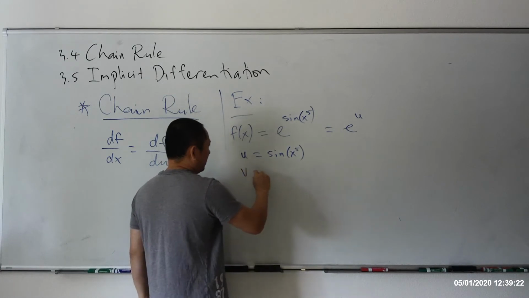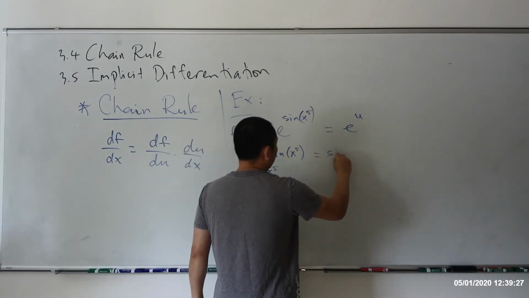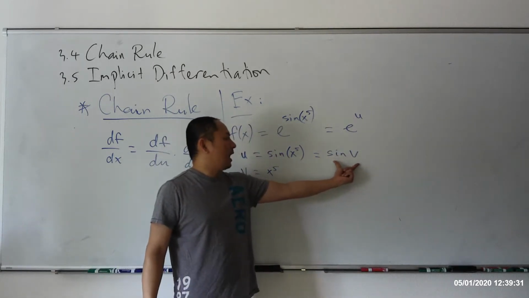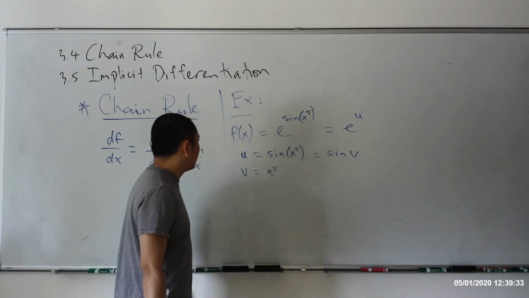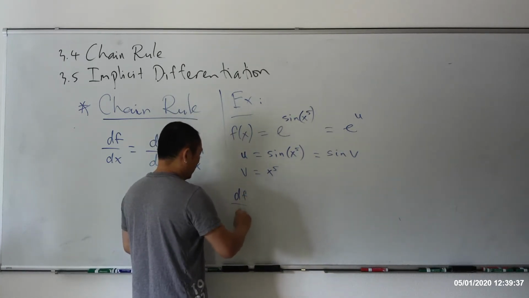I let v equal to x to the 5th. So this problem becomes what? Sine of v. Okay? Now this is simple enough. Sine of v, the derivative is cosine of v. So our problem has two chains in here. df over dx.